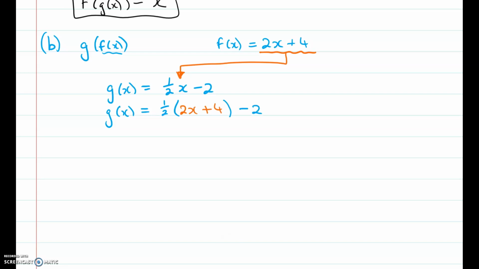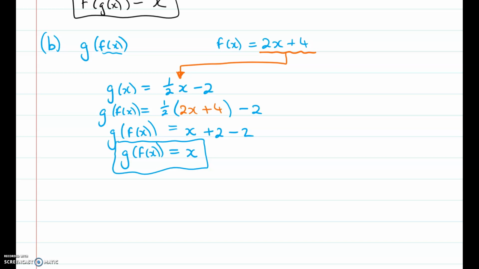And if we distribute the 1/2, this is going to be g of f of x, I beg your pardon. A couple of mistakes creeping in here, sorry. G of f of x. So this is going to give us g of f of x. 1/2 of 2x is just x. 1/2 of 4 is 2, minus 2. So g of f of x: x plus 2 minus 2 is just x.